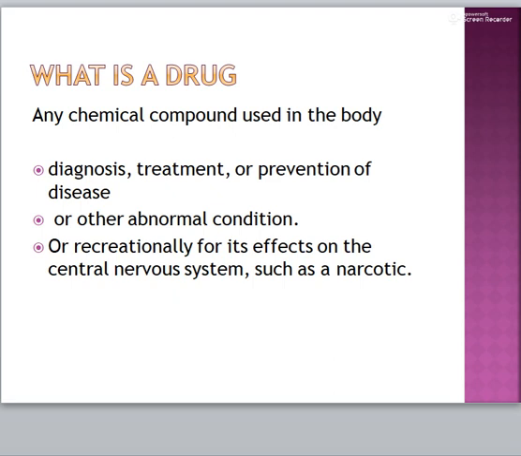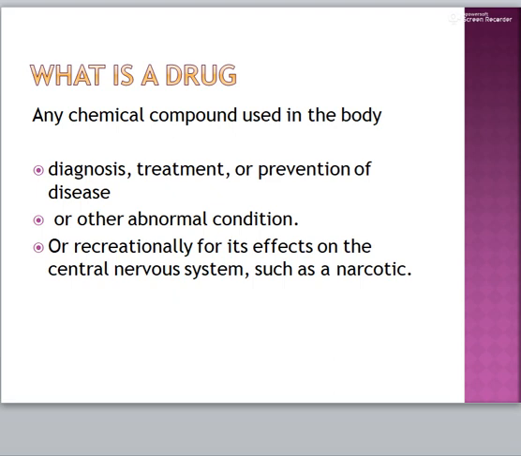But the term drug doesn't always come to the same aspect of drug abuse, because even the common paracetamol that we have against fever, that is also a drug because it is helping us to overcome a particular situation.